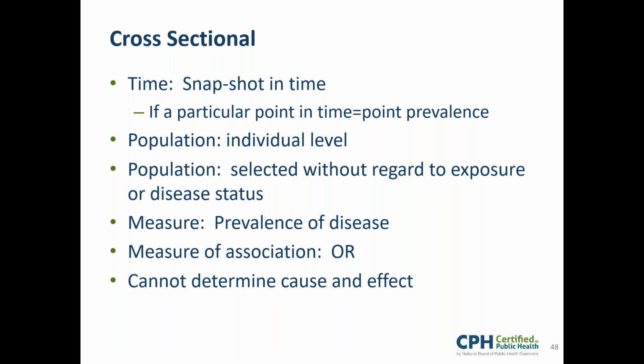The primary measure that we get from a cross-sectional study is prevalence of disease. If we want to calculate a measure of association, we would use the OR. One of the drawbacks with a cross-sectional study is that we cannot determine which came first, the exposure or the disease, because we're collecting information on both of those things at the same time. So we cannot determine cause or effect with a cross-sectional study. Next slide, please.